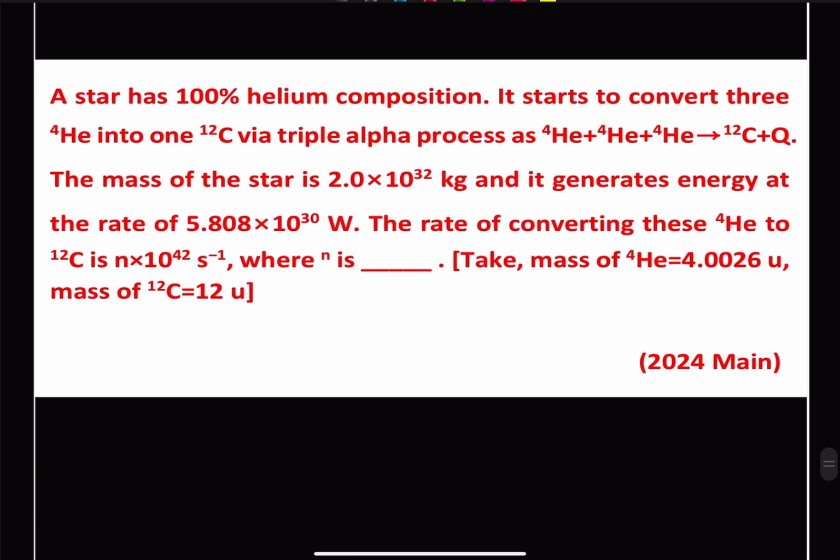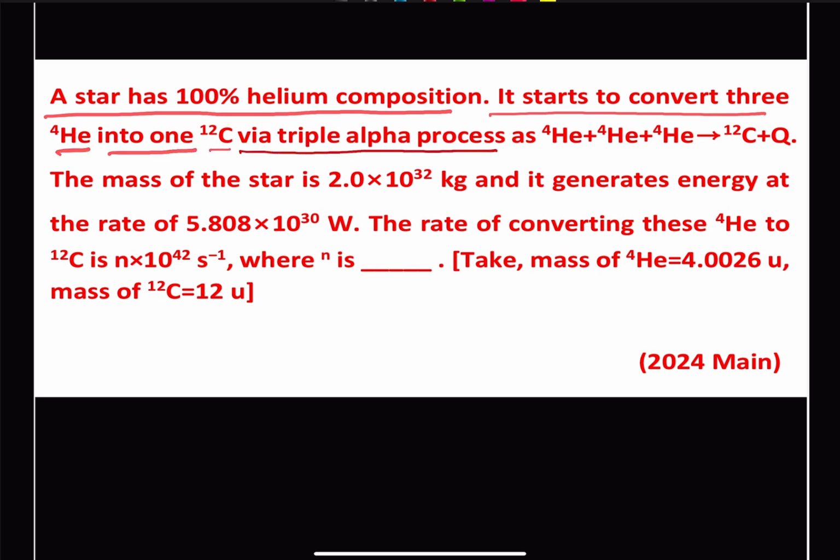We are given a star with 100% helium composition. It starts to convert 3 He4 into 1 C12 via the triple alpha process, as He4 plus He4 plus He4 giving us C12 plus energy.